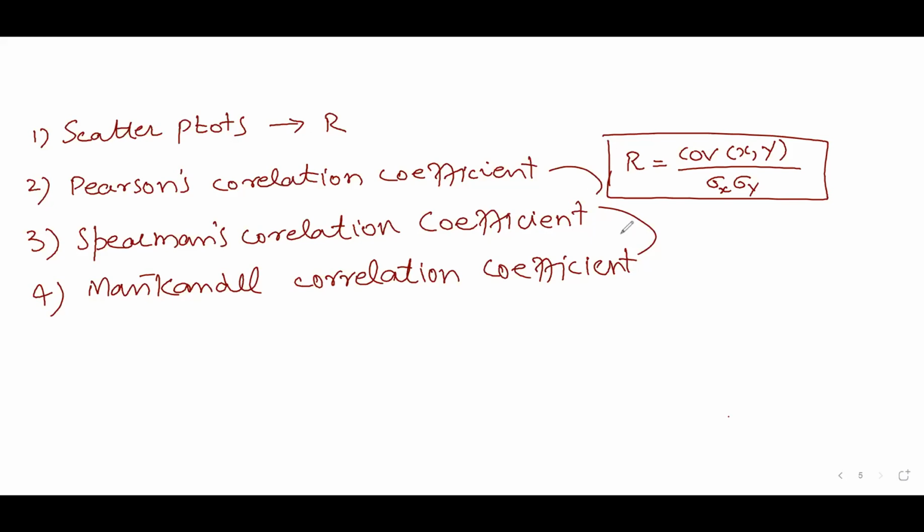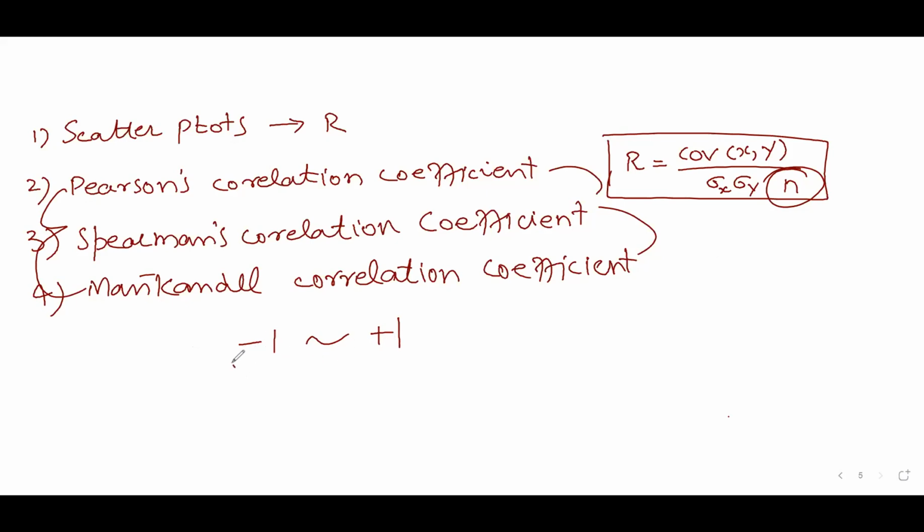Anyways, the Spearman and the Mann-Kendall are almost the same, but instead of covariance, they divide it with the number of values as well. So just make sure that in all the three, the maximum value and the minimum value range from -1 to +1, right?